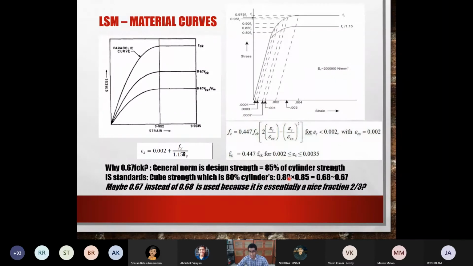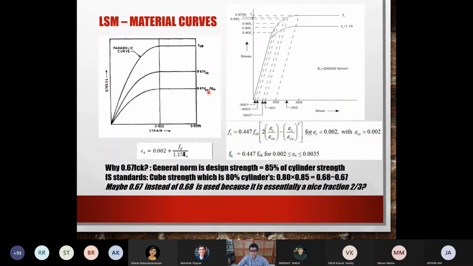So you have the design norm, which is 85% of cylindrical strength, and then the cube strength, which is 80% of that cylindrical strength itself. That multiplied together, 0.8 times 0.85, is about 0.67. It actually comes to 0.68, but we use 0.67 because it is easy to remember as 2 by 3.